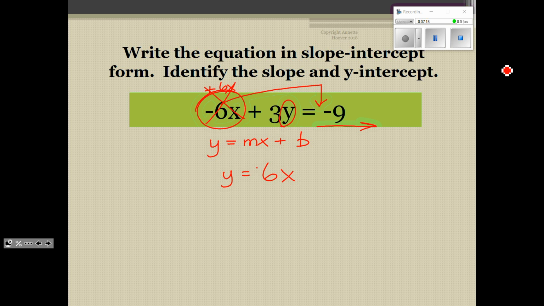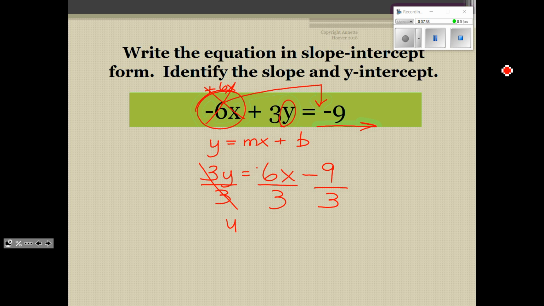We told negative 9 to just move over, and now we have it. Oops, I forgot the 3 in front. We still have a 3 multiplied by the y. But we did move the 6x from the left side of the equation to the right side of the equation by changing the sign. Y is still not by itself because it's being multiplied by 3. So we want to divide all 3 parts by 3.